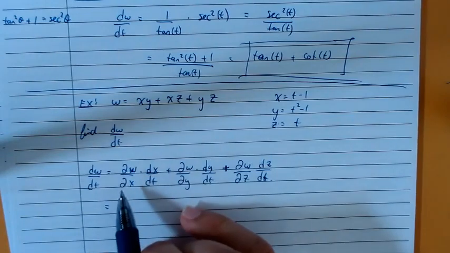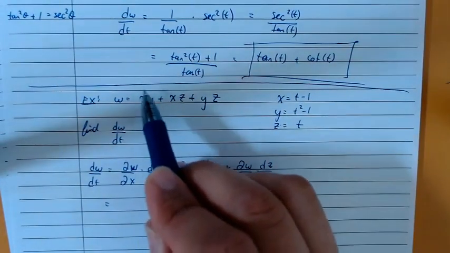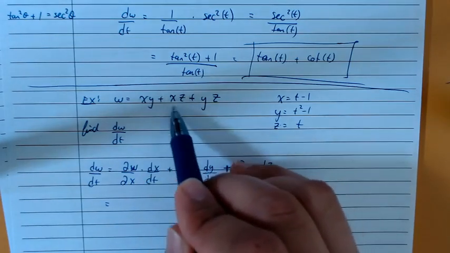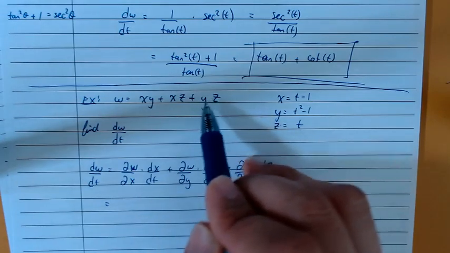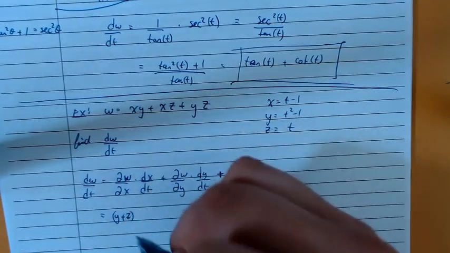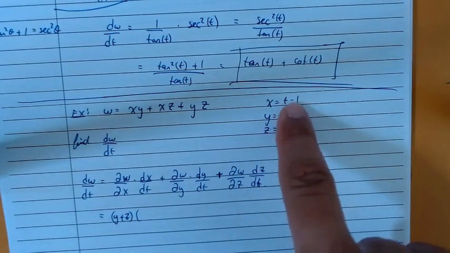Here, del w/del x, we want the derivative of this thing with respect to x. Well, the derivative with respect to x of this is y. With respect to x, that'll be z. And with respect to x, that's a constant, so its derivative is 0. So that's just y plus z times, now the derivative of x with respect to t, well, that'll just be 1.